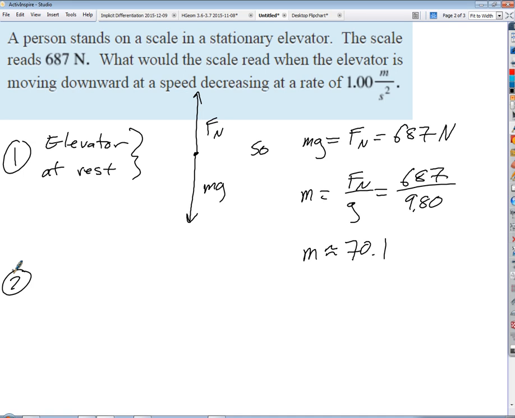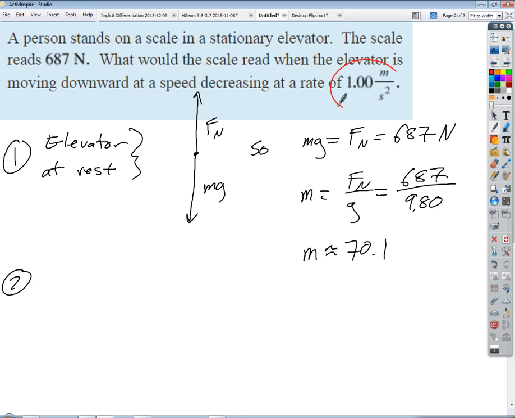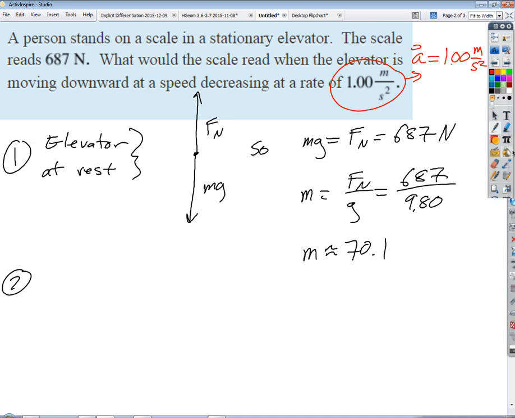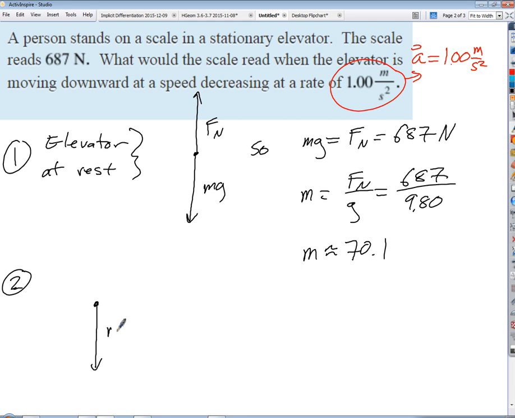Okay, so this is telling us right here that a equals positive 1.00 meters per second squared, right? So when I draw the free body diagram for part two, I've got the same weight acting. That hasn't changed. I'm still the same person, right?